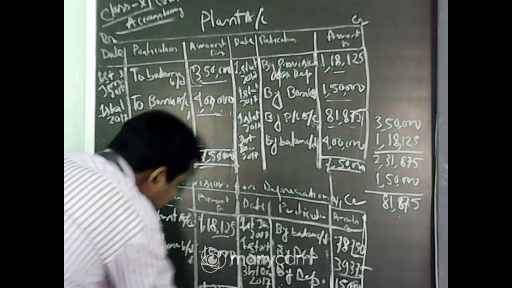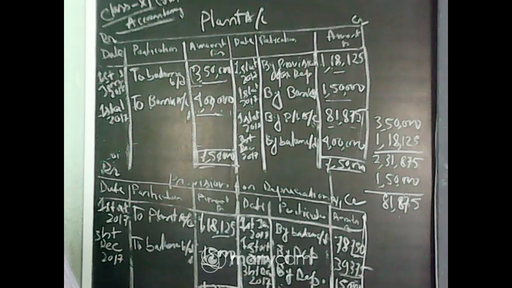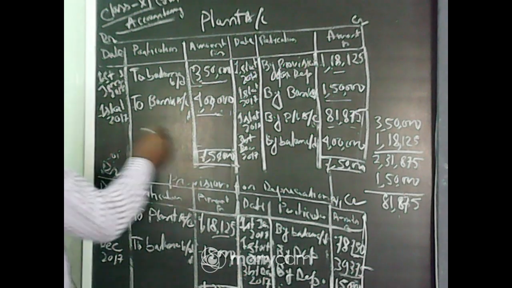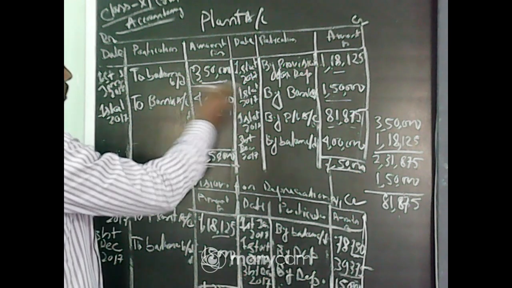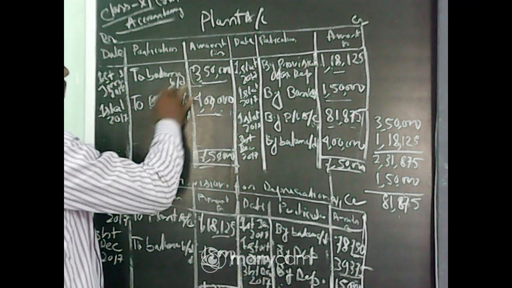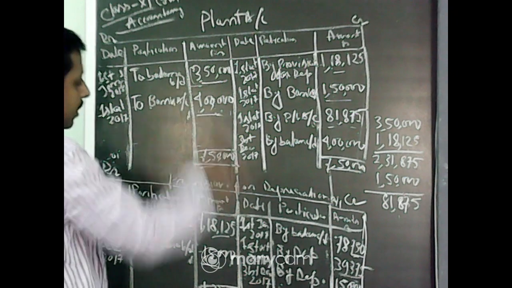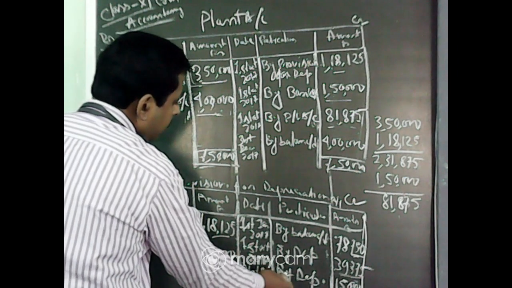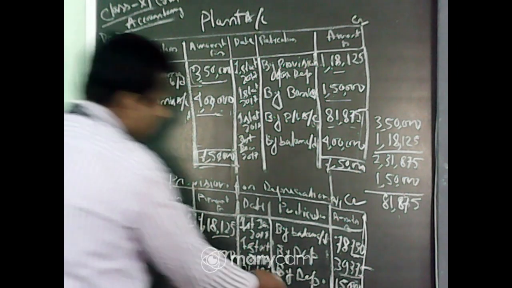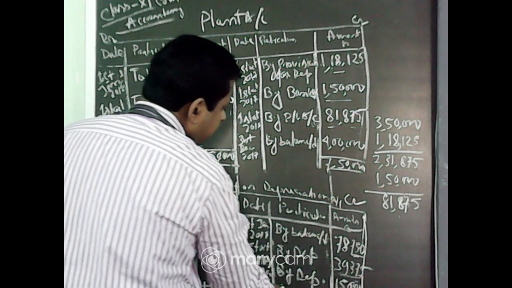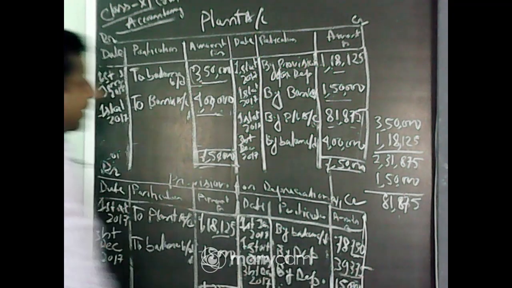And this 15,000 you have to transfer by balance CD. But in the plant account, you can look, we always transfer the original cost to balance BD, because plant is an asset, so there is always a debit balance. But provision for depreciation is a liability, so there is always a credit balance, always coming by balance CD.